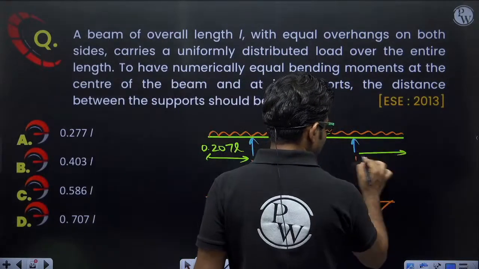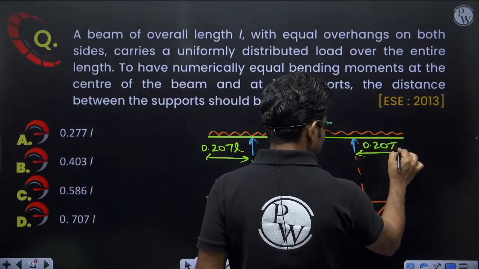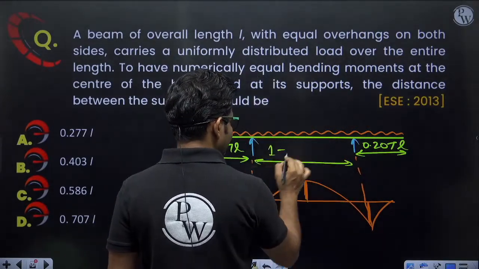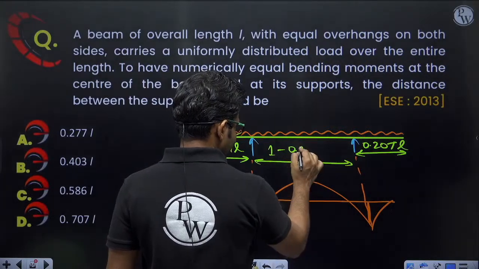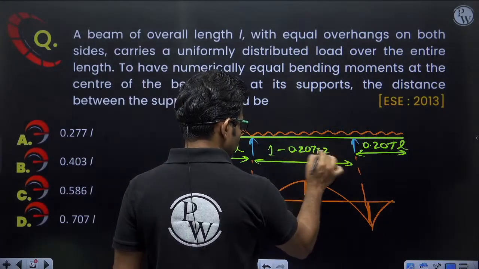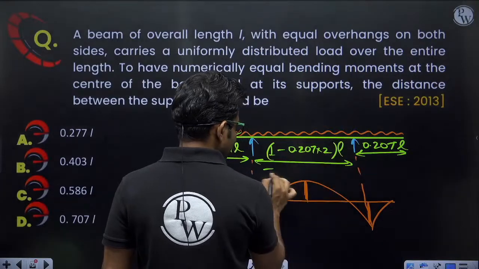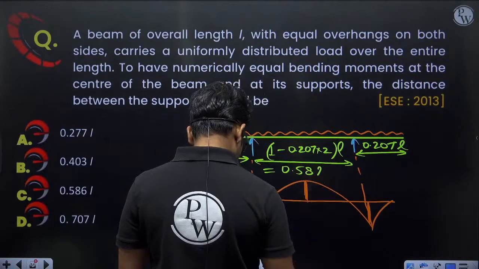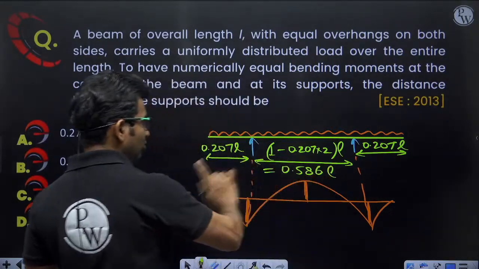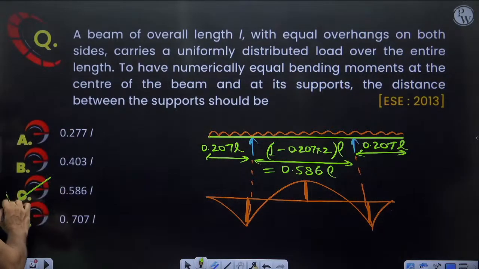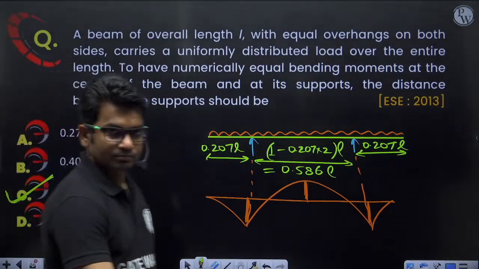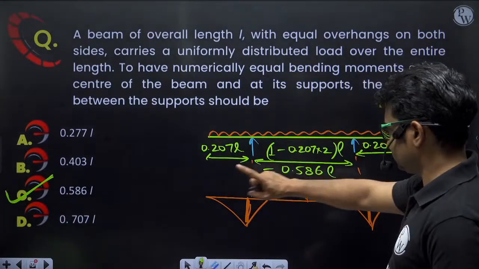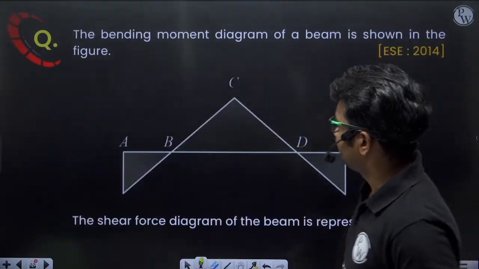This value will also be 0.207 L. So the remaining length will be 1 minus 2 into 0.207, multiplied by L. This will come out to be 0.586 L. Correct answer will be option C. Right. Next question.